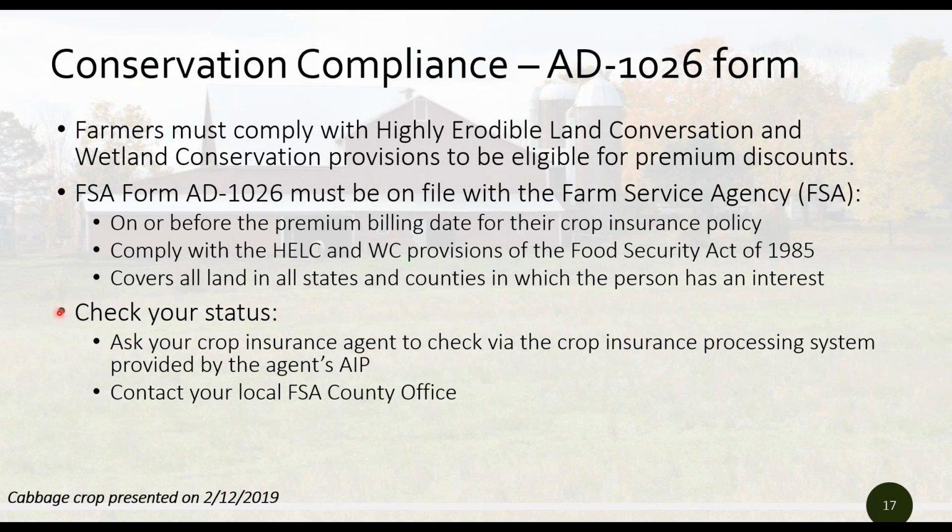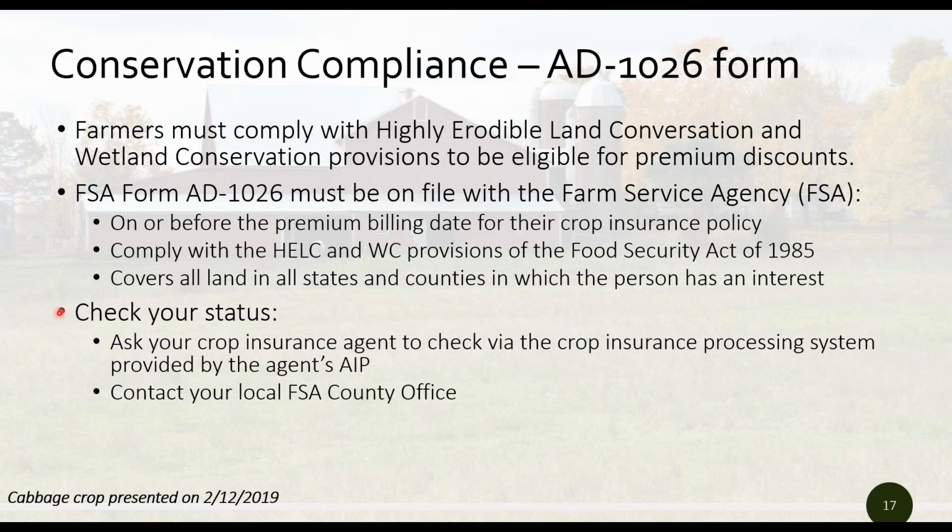Why is it important that you check your status before you purchase a policy? It's very important because you may not be eligible for the premium discount if you don't have a AD 1026 on file with the FSA. If you're not eligible for a premium discount and purchase a policy, guess what? You're going to be responsible for all the premium cost.